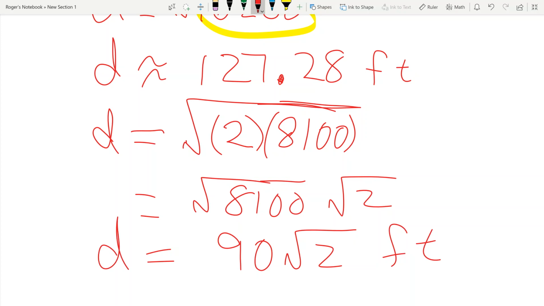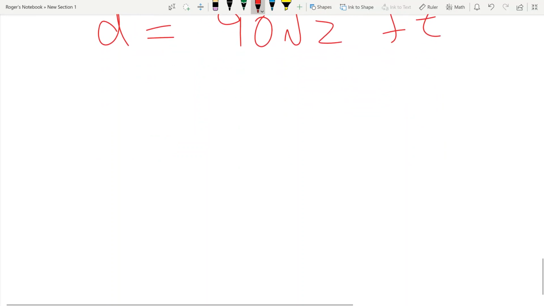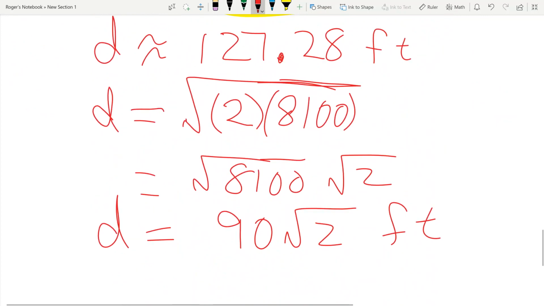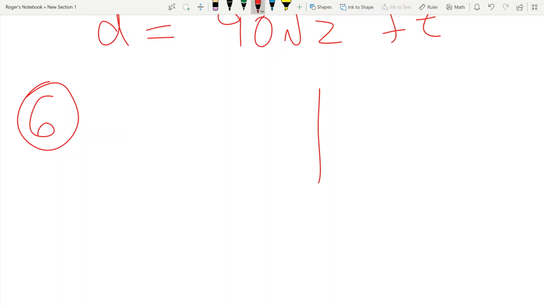Interesting relationship. Let's take a generic triangle now as another example, a generic one. And let's see what we can come up with for example number 6. In example number 6, we're going to label this length here L, this length here L, and the question is, what is c?